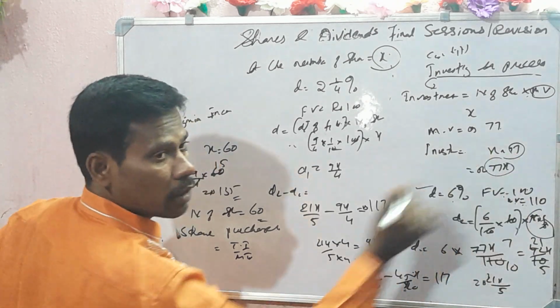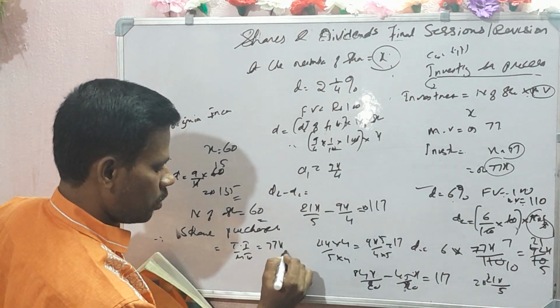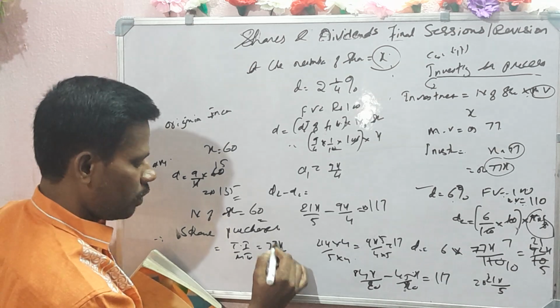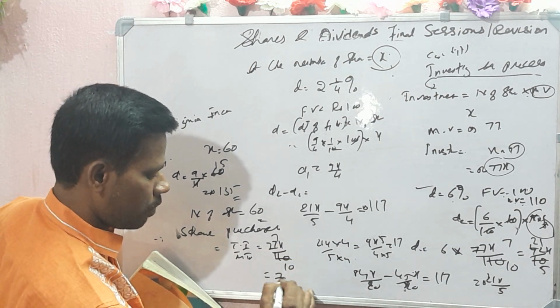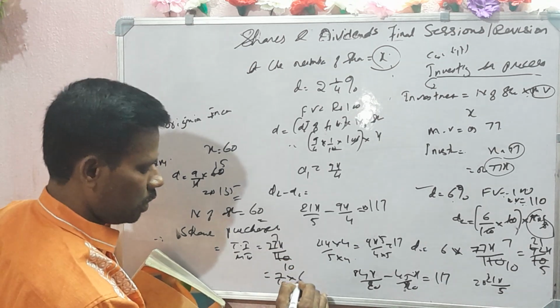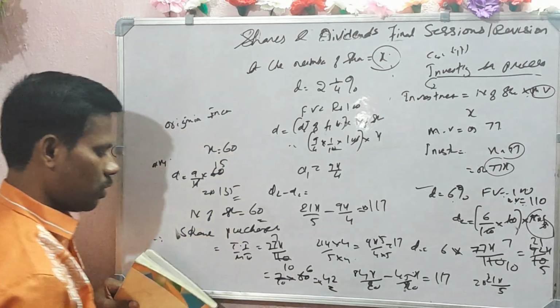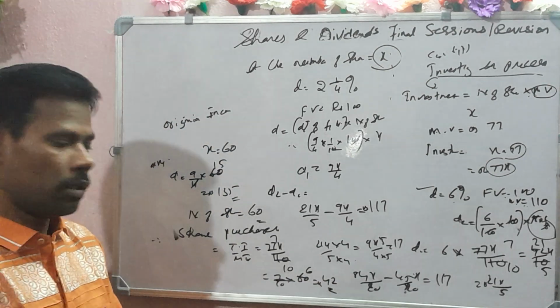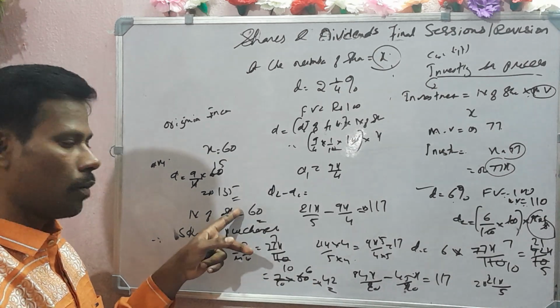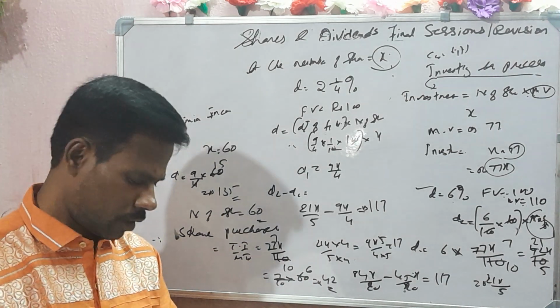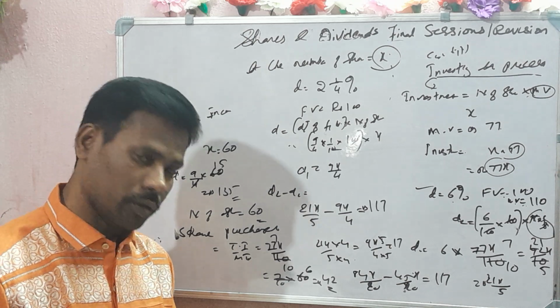Total investment is 77x by market value is 110. So 11 sevens are 77, 11 tens are 110, 7 by 10 into x. X is 60. 7 6s are 42. Number of shares he purchased is 42. Number of shares he sold is 60. So there ends the solution.